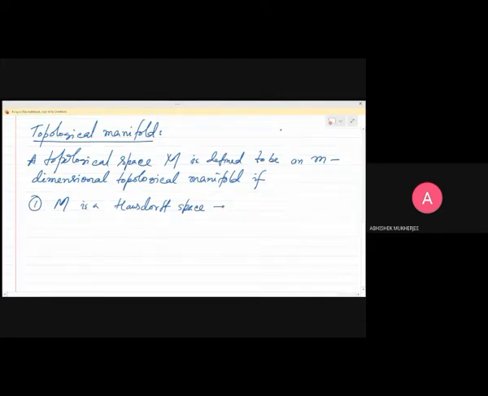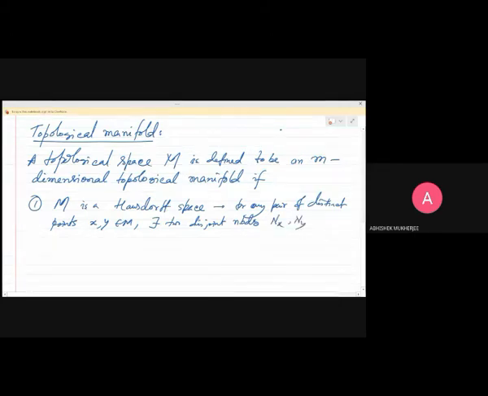What do you mean by a Hausdorff space? So for any pair of distinct points x, y belonging to M, there exist two disjoint neighborhoods around x and y.